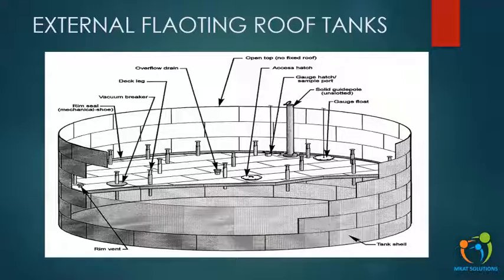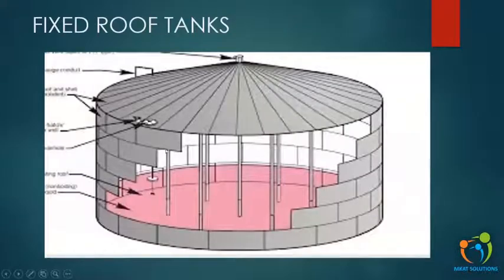There is also another means: if we have a fixed roof tank, we can maintain a barrier of nitrogen. We can provide a nozzle, and nitrogen will be stored there. Definitely that pressure will be below 18 kPa because we cannot go more than that. After filling the petrol, on top of that the nitrogen gas is filled.